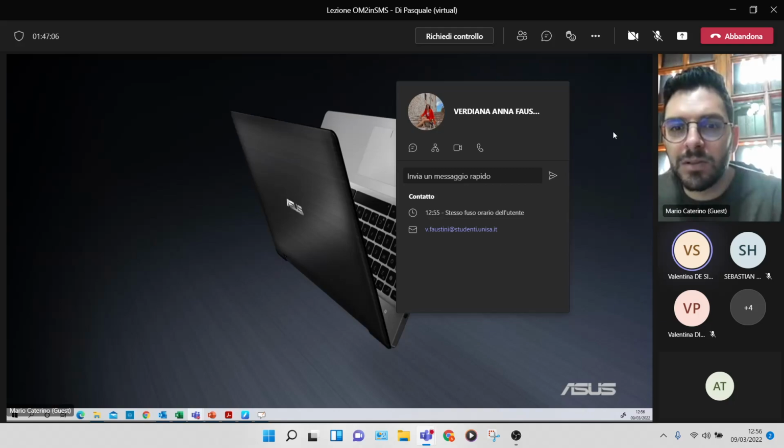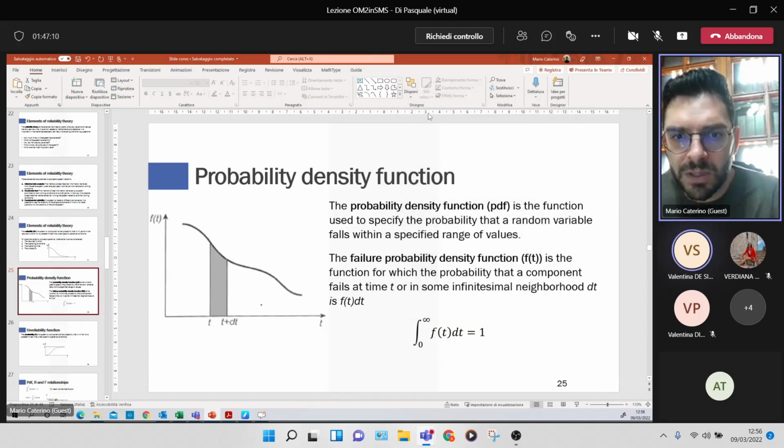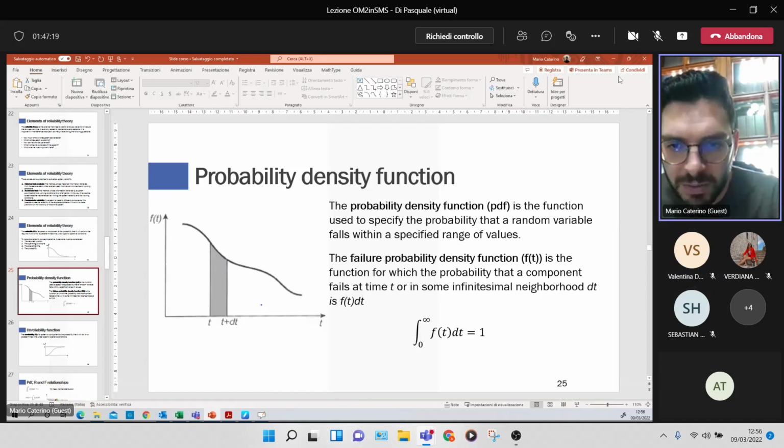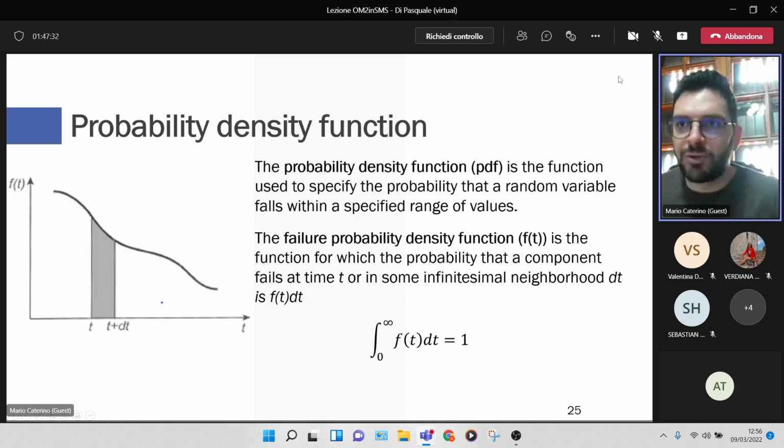We see your screen, but not the presentation, the PowerPoint. Not in full screen. Okay, so I can set it here. Okay, now you should be able to see it in full screen, right?